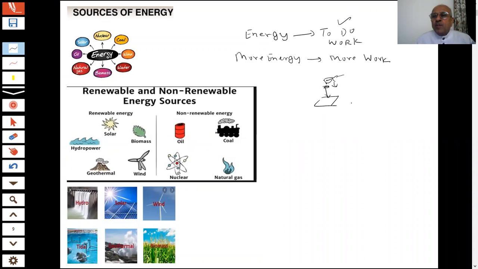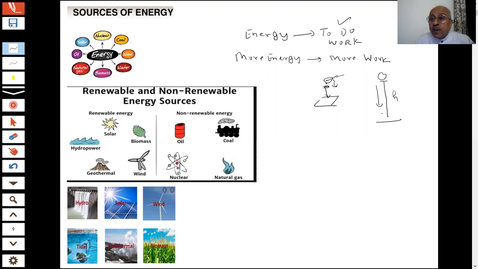Energy is required to do the work, student. An object is at a higher height, at height h. It falls to a lower height. What happens, students, when an object is at a higher height? It has acquired some energy because it is at a higher height.